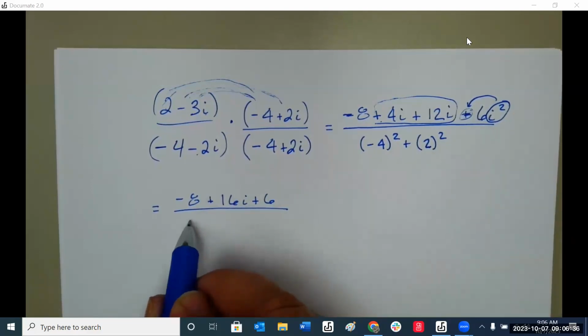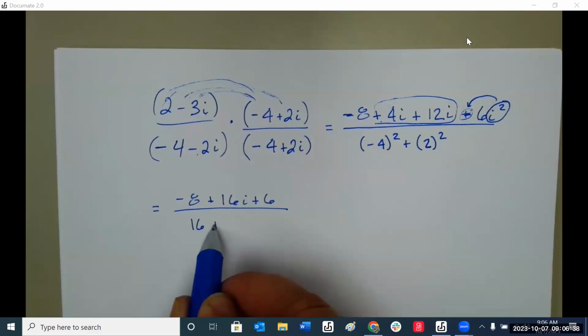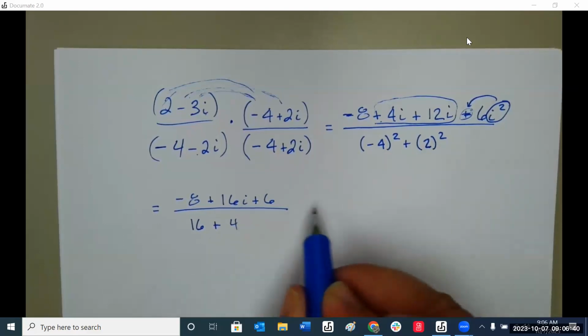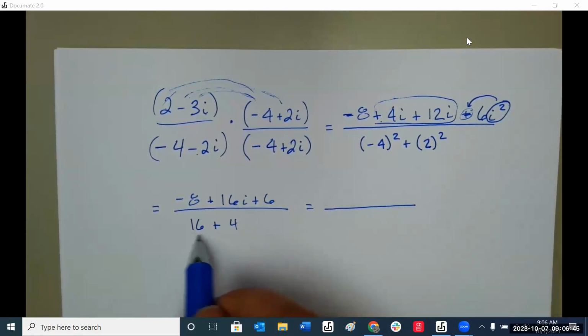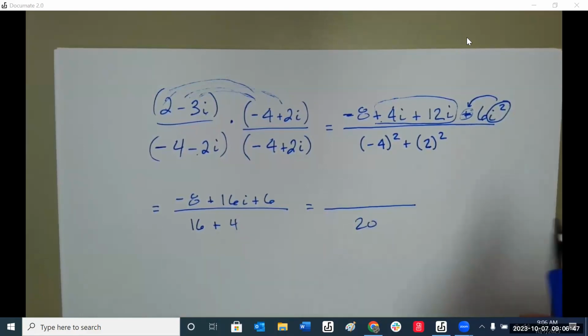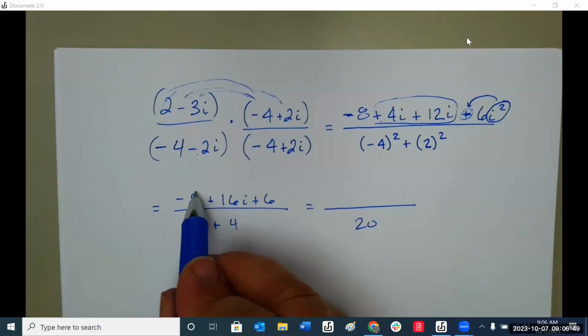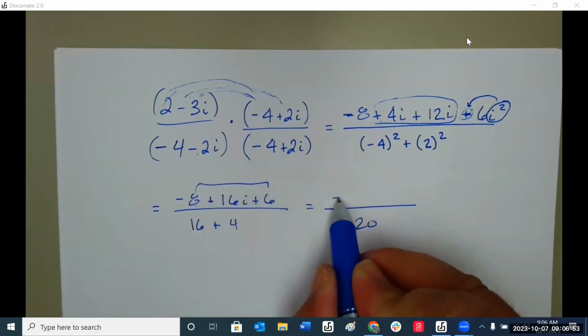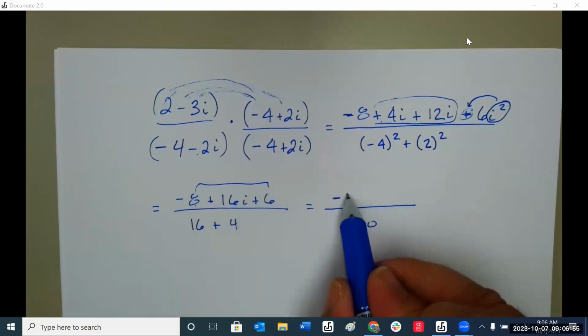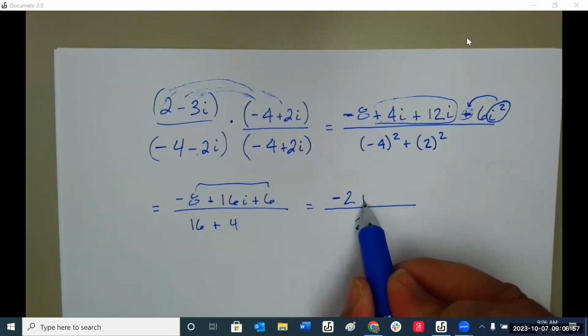And on the bottom, -4 squared is 16. 2 squared is 4. 16 plus 4 is 20. Combine like terms. 8 and 6. 8's bigger, so the answer is negative. 8 minus 6 is 2.